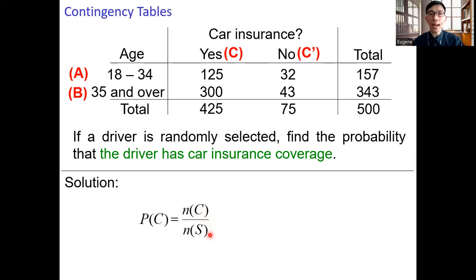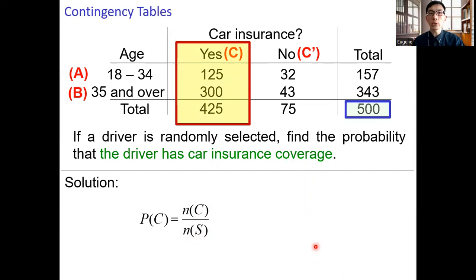So here we have NC equals 425, and then NS, the sample size, is 500. So the probability of C, the probability that drivers has car insurance coverage, equals 425 divided by 500, equals 0.85.